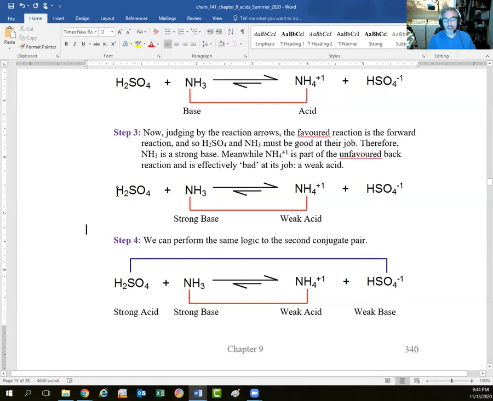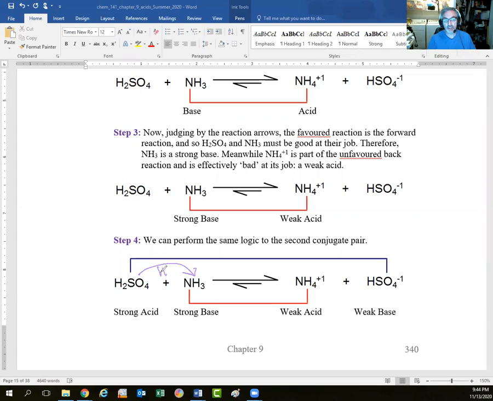Look at our second conjugate pair, the H2SO4 and the HSO4 1 minus. For the H2SO4 to turn into its conjugate, it needs to give away a proton to the chemical it's reacting with, the NH3 of course. So the actual reaction here is a proton transfer like this.